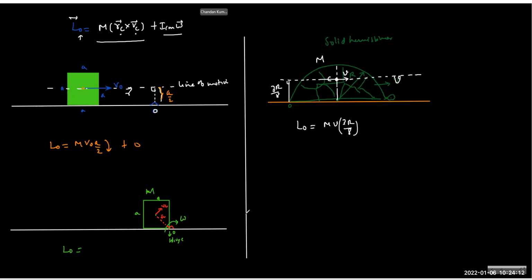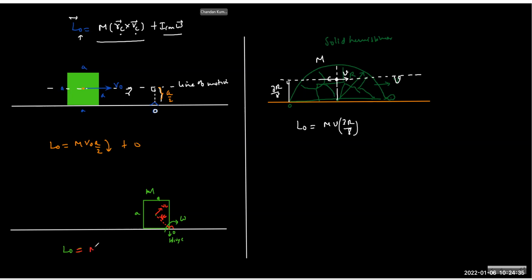It's 90 degrees. So here it is 90 degrees, so you can say it's RC and VC is so simple.